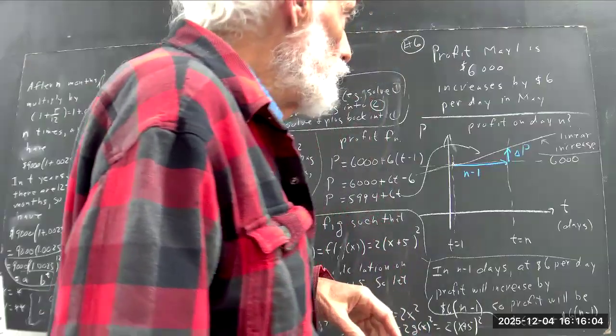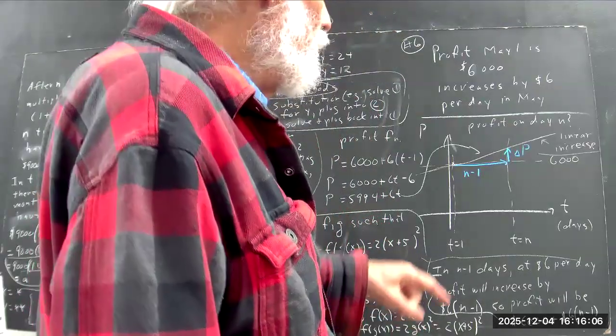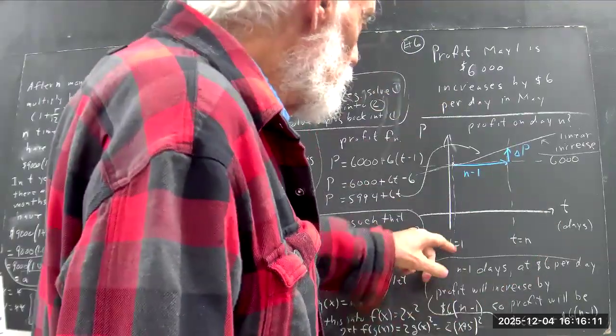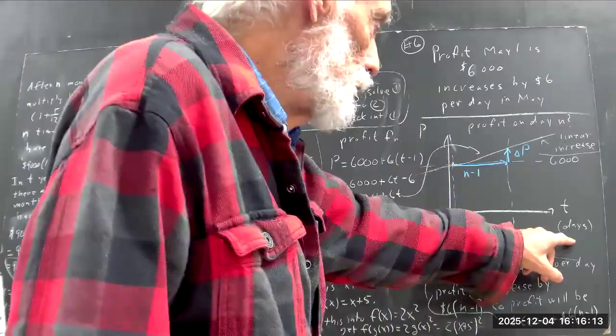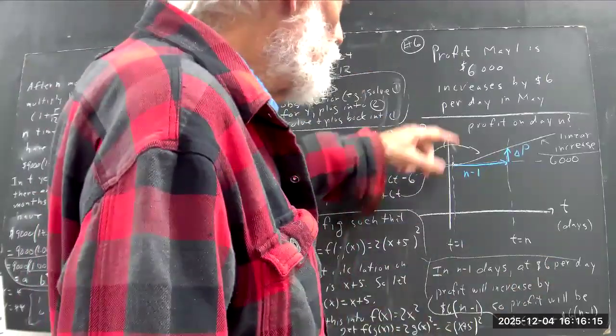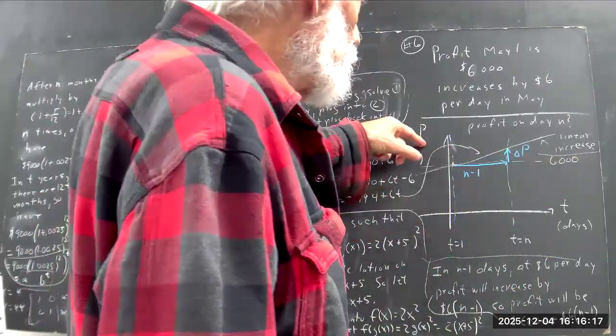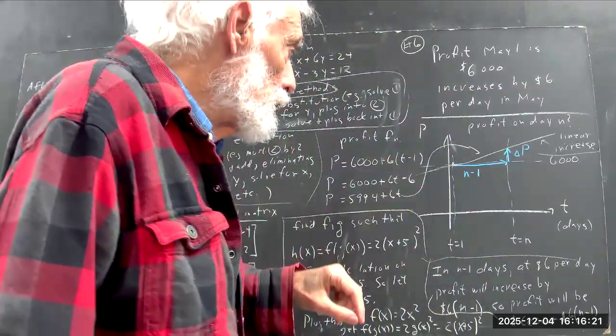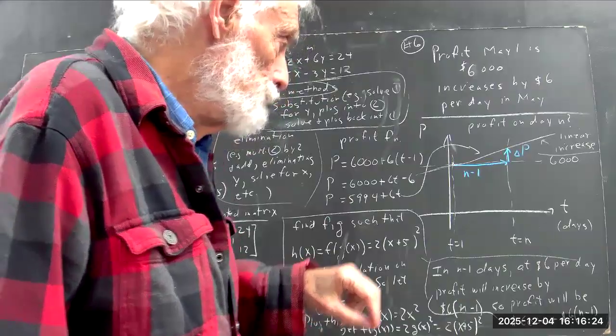Well, if your profit on day 1 is 6,000, you can put this on a graph. You can put t equals 1 here. That stands for day 1. And you put the profit up here at 6,000, profit in dollars. I should have written dollars here, but I'm trying to get a lot done in a short time.